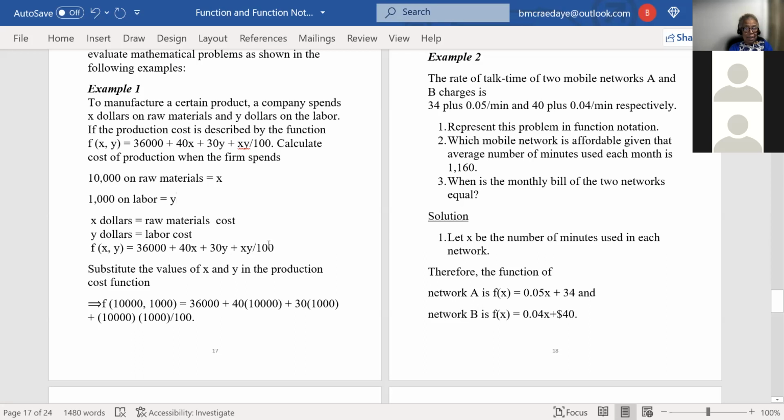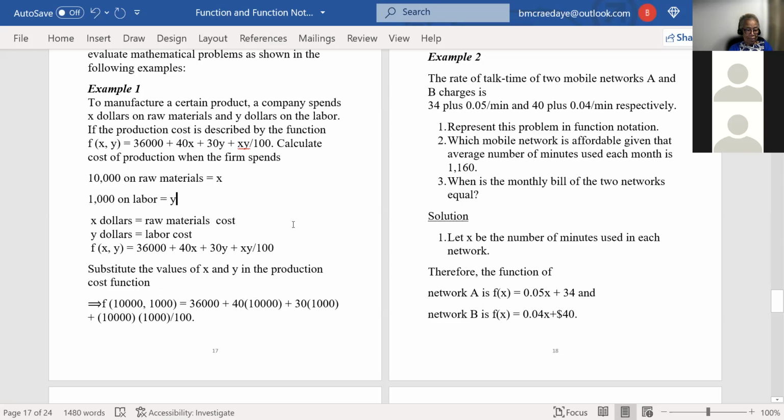So let's just substitute in the values that are given in the problem. So F of X and Y would be X raw material, 10,000, Y labor, 1,000, 36,000, that's in the formula, plus 40 times X, but X is what?